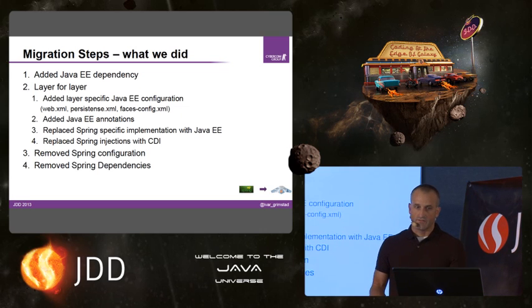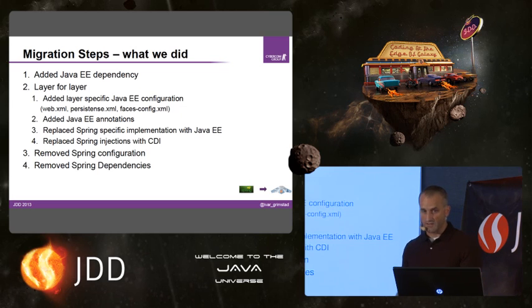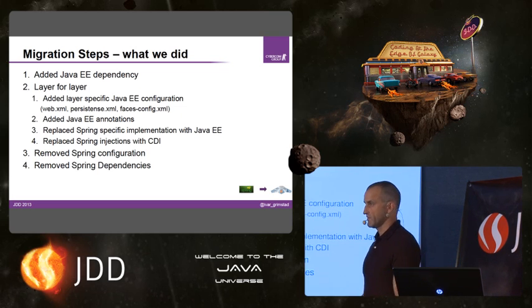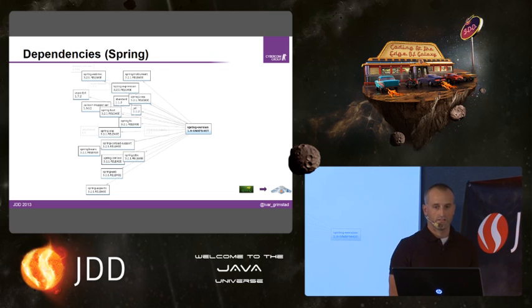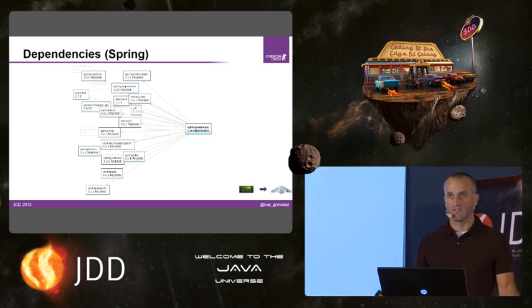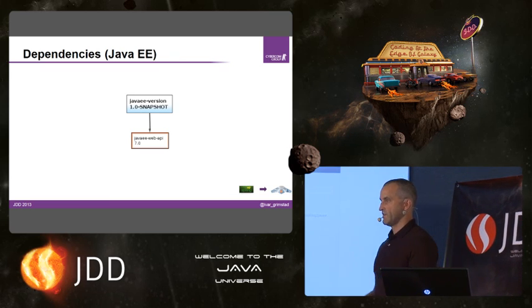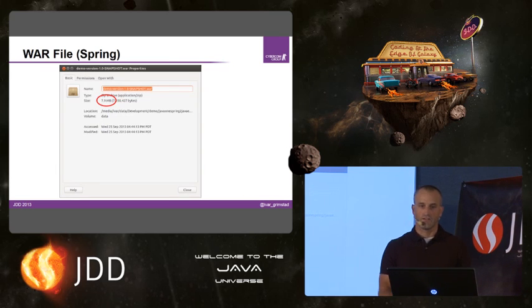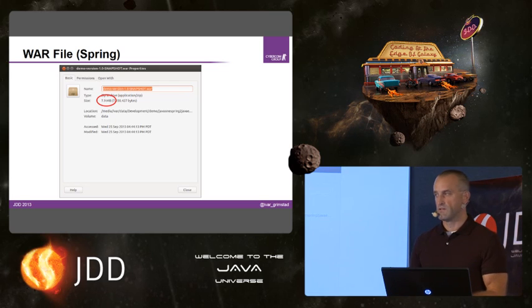I've added a faces-config file, and I've replaced the Spring annotations with Java EE annotations, and I removed all the Spring configuration and dependencies. So I've gone from a dependency graph looking like this to a dependency graph looking like this. I've gone from a WAR file of 8 megabytes to a WAR file of 50K, if that matters.